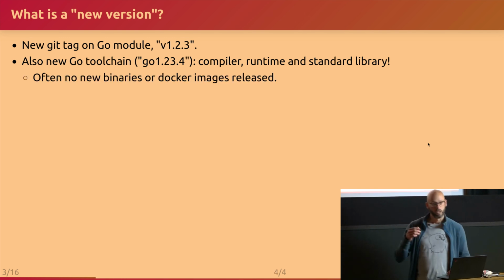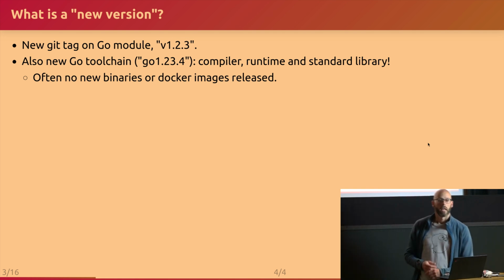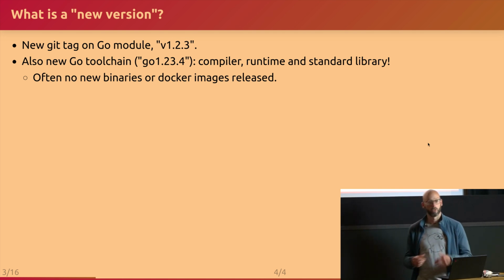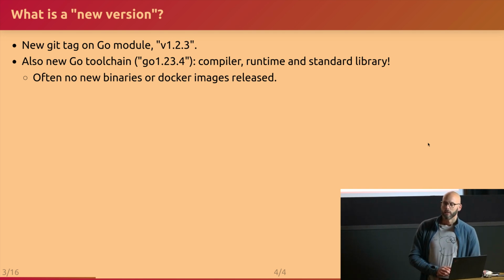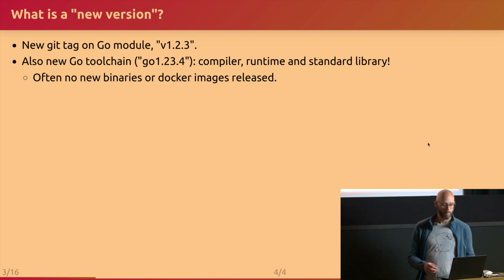But if you install an application, you get a certain version, you download the binary. The application authors often don't publish new binaries or Docker images or whatnot when there's a new Go toolchain. So what do you do? And of course, if you run CI/CD systems for actively managed services, you probably get those updates soon enough. But that has not happened for all the code that at least I'm running.